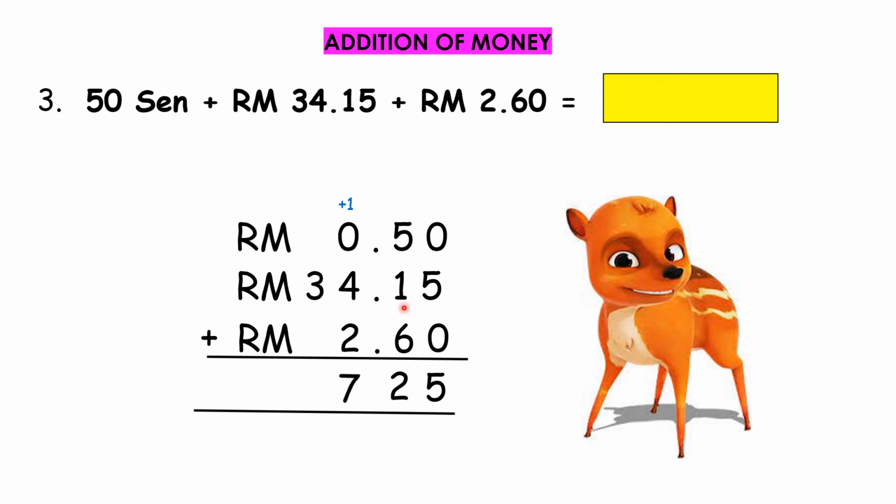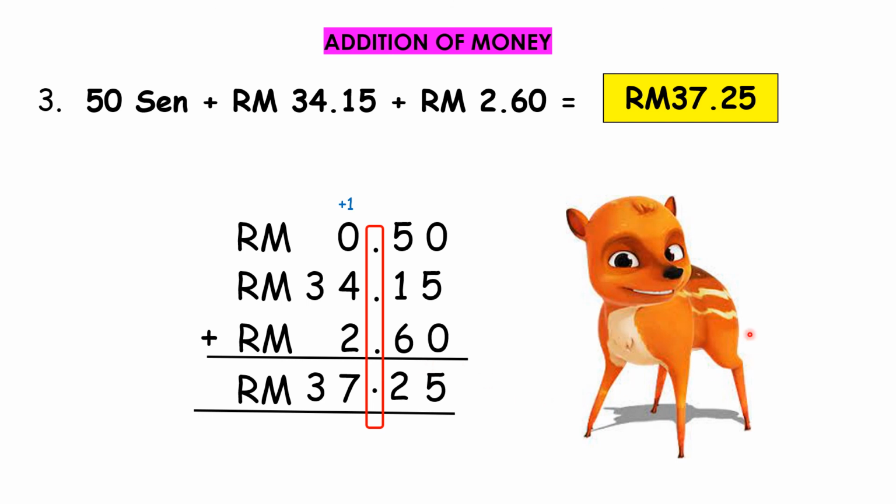And then 3, so we bring down 3. And then don't forget, the dot symbol must be in the same row or in the same line. So we write dot here and then RM. So the answer is 37 ringgit and 25 cents.